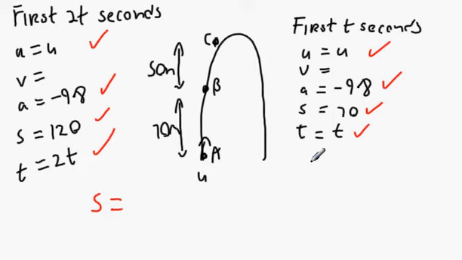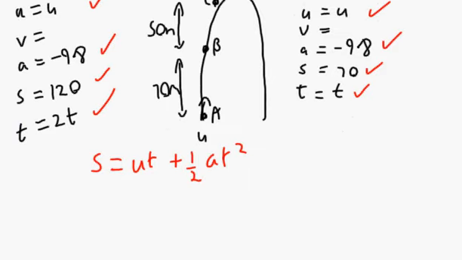I'm going to do it for AB first. So 70 meters equals ut, plus half a, which is minus 4.9, because half gravity is minus 4.9, times t squared.